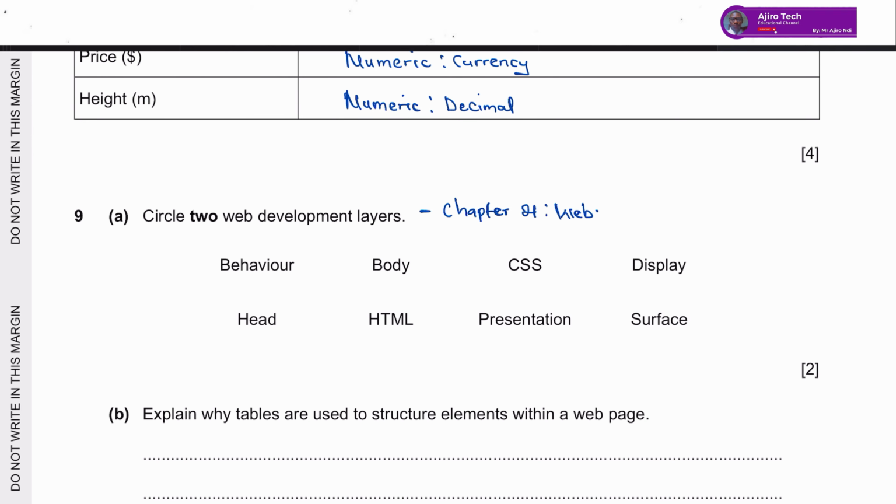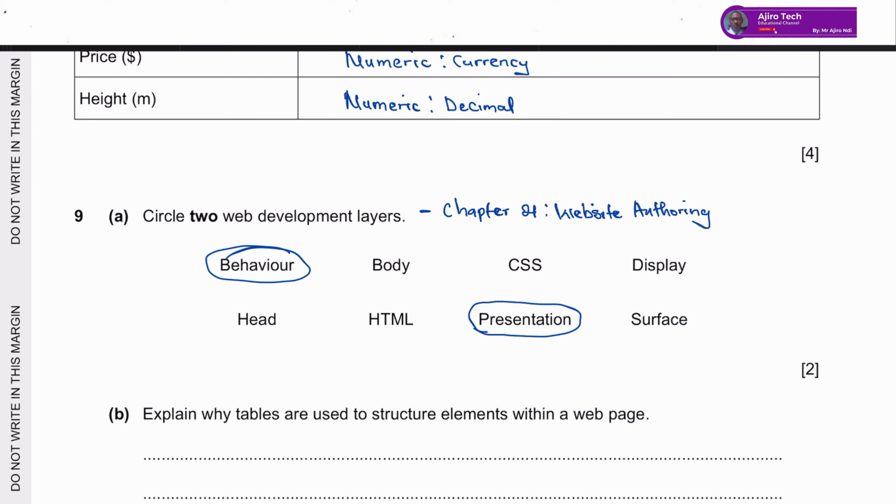Website authoring. Okay, so we have three: content, presentation, behavior. So which one is it? So I have presentation, I have behavior.